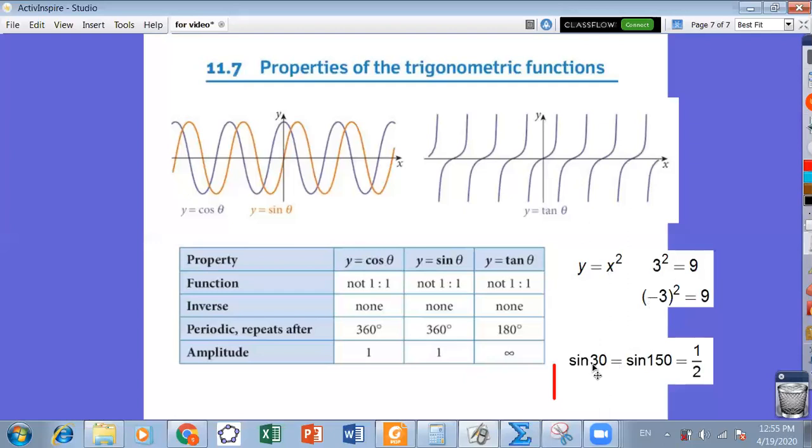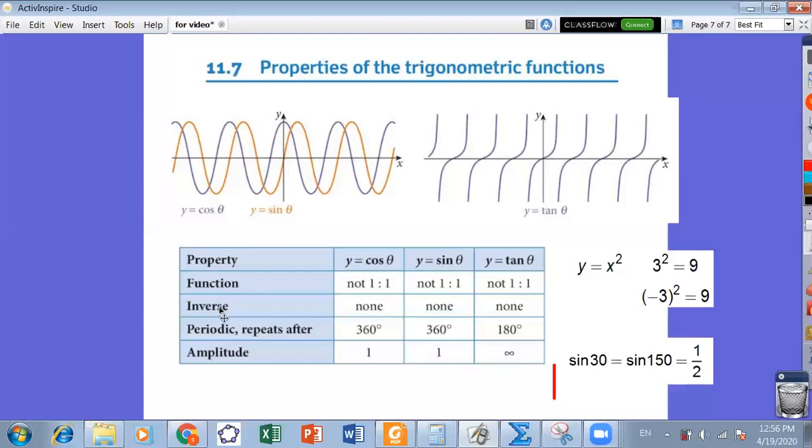As you remember, sine 30 and sine 150 are both equal to 1/2. So two different angles are assigned to one number, one answer. For that reason, they are not one-to-one. The same thing works for cosine and for tangent. So they are not one-to-one.